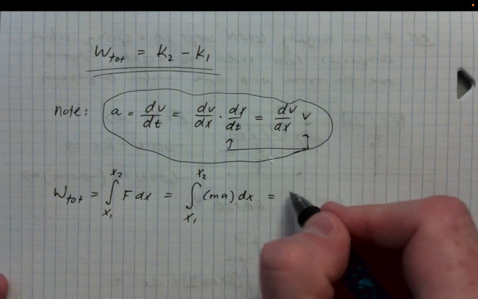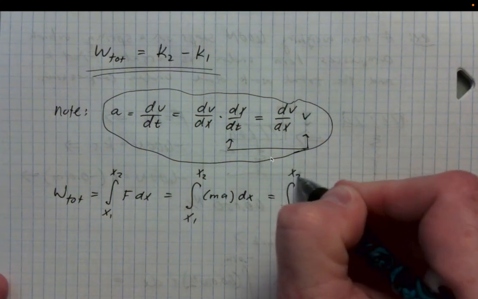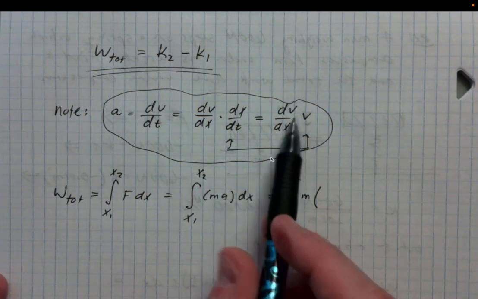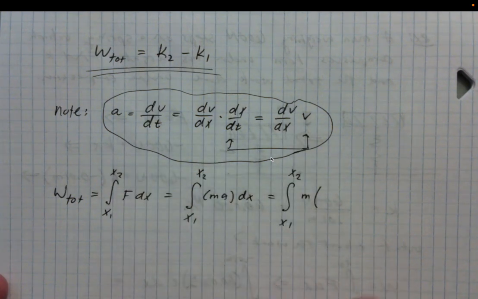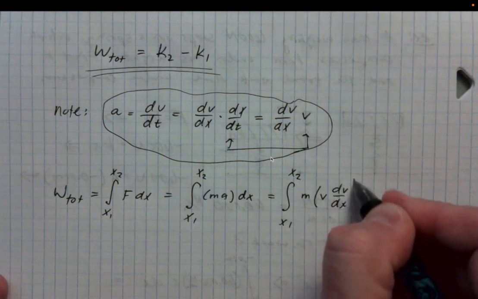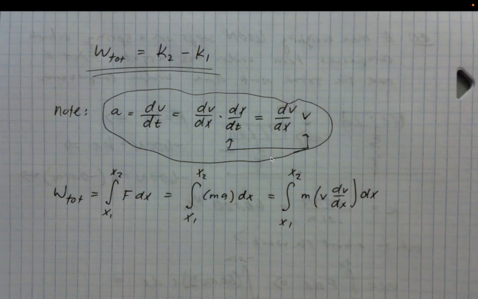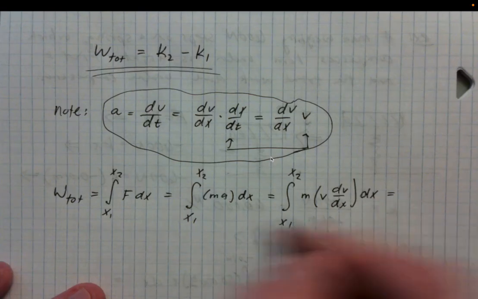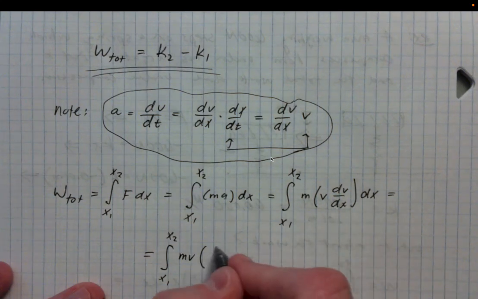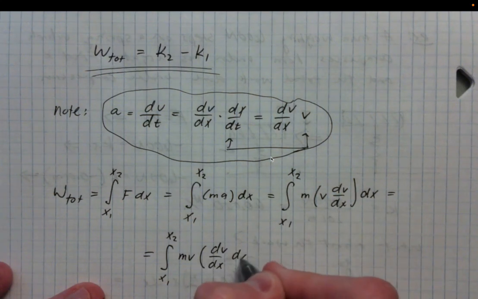We can rewrite this with m times, instead of a, dv/dx times v, and I still have the dx over here. Regrouping from x1 up to x2, I've got mv and then all of the dv/dx business together.